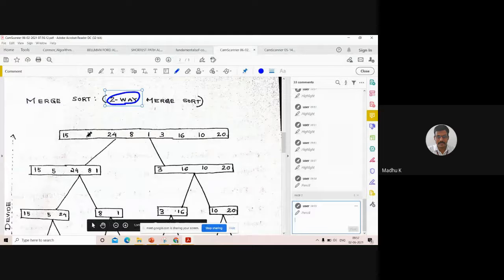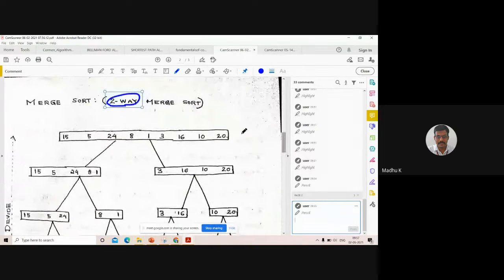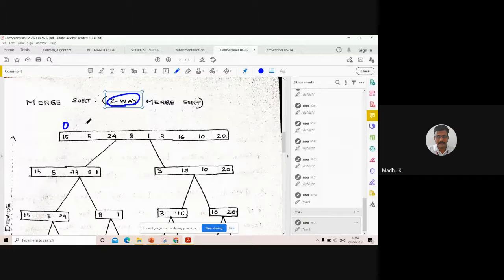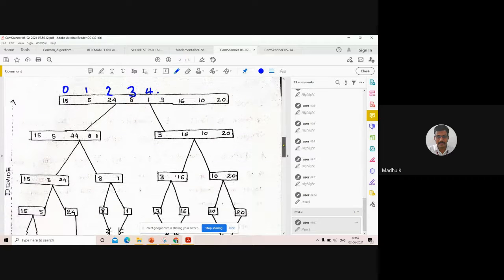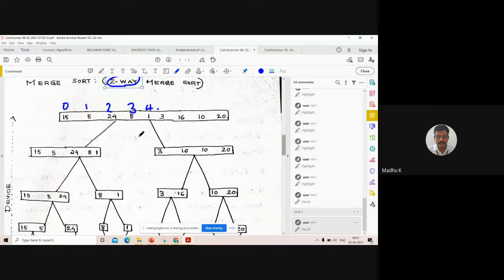Suppose this is the array, and this is the first item. I'm indexing in this way: positions 0, 1, 2, 3, 4. Then we first divide the problem into subproblems based on the mid value.